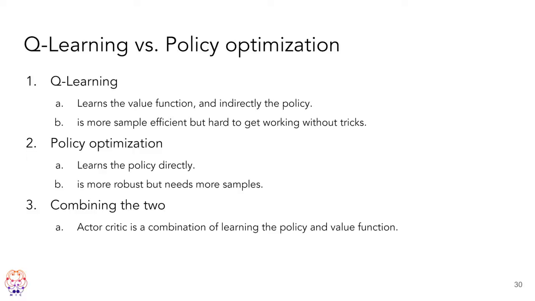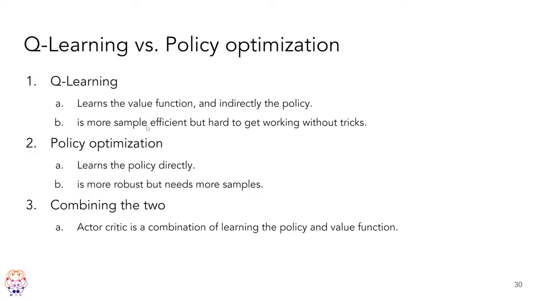To recap, the reasons why we have these two different approaches and why one would be better over the other: Q-learning learns the action value function, which is useful in some cases, and indirectly infers the policy. Basically the policy is to pick actions with the highest value. It doesn't necessarily learn the policy itself, whereas policy optimization learns directly, because it tells you at each step where to go based on the state.